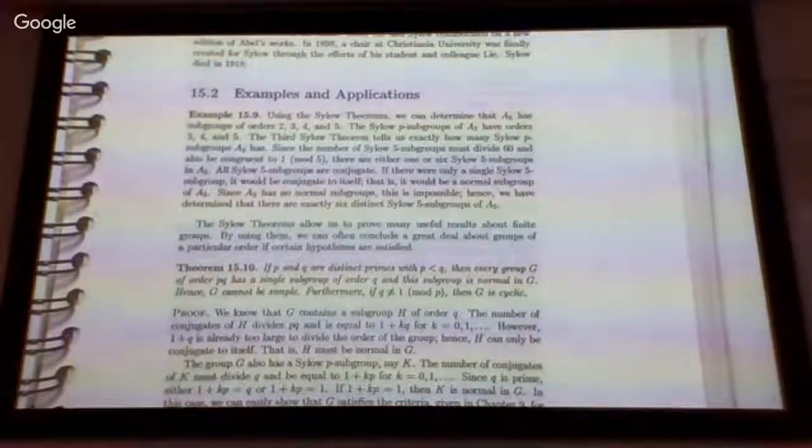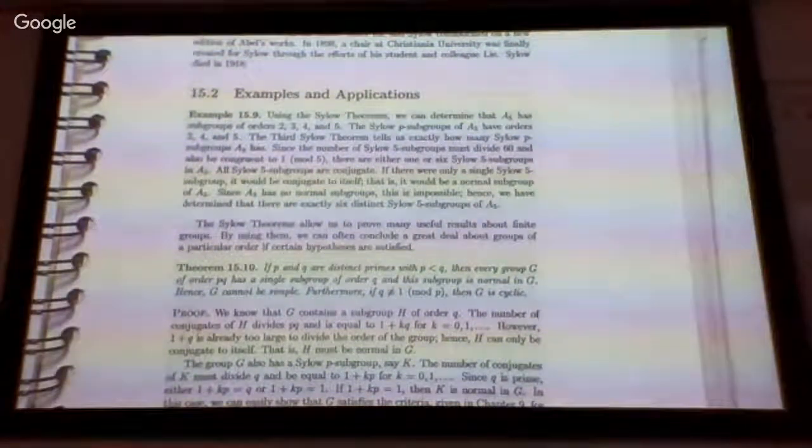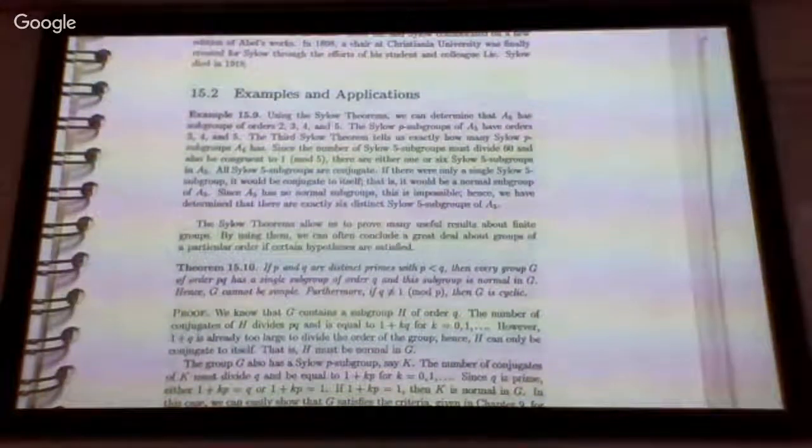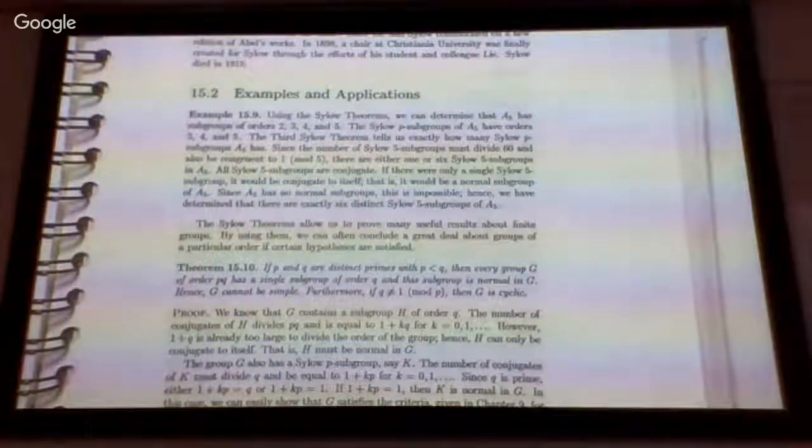It has Sylow 2 subgroups of order 4, Sylow 3 subgroups of order 3, and Sylow 5 subgroups of order 5. So it's the largest power of that prime dividing the order.